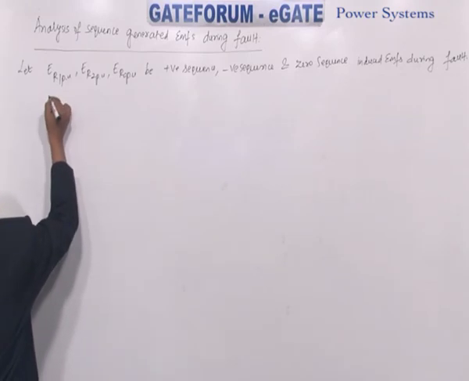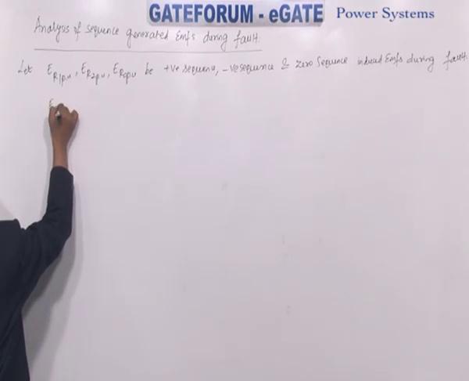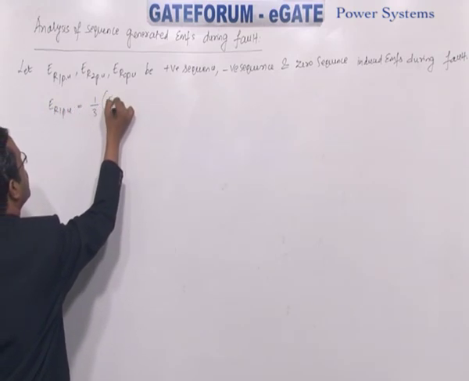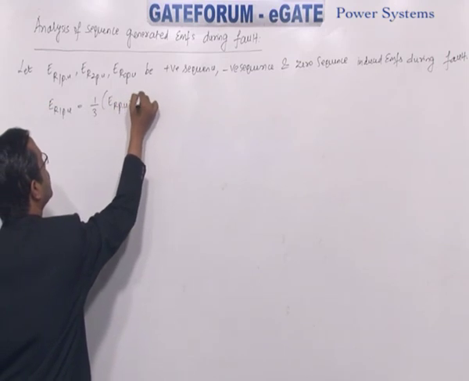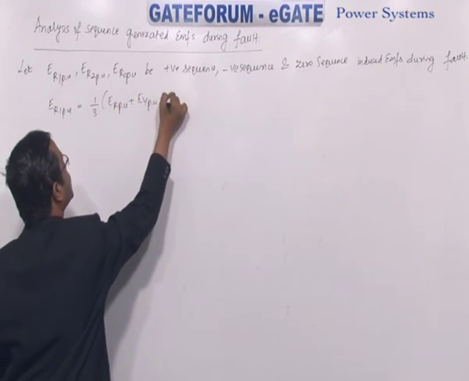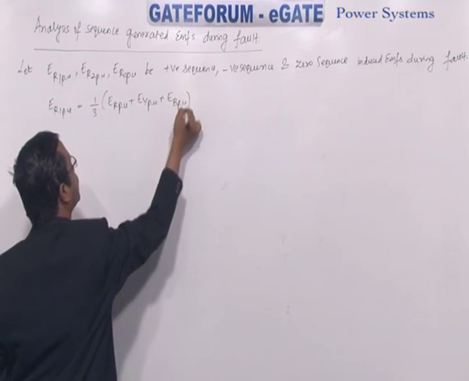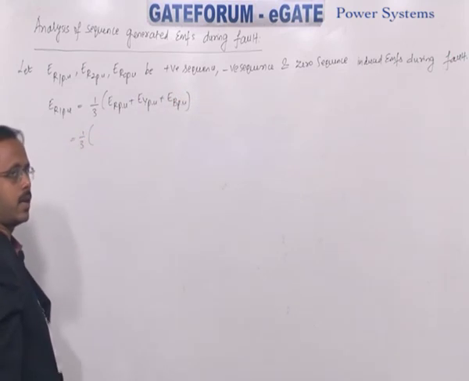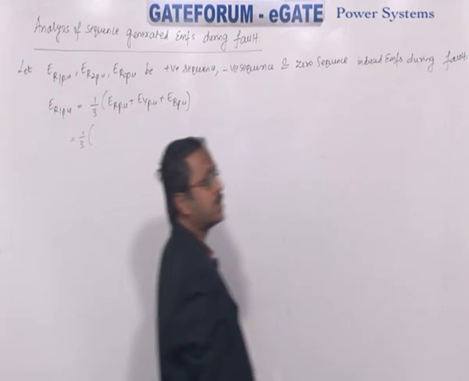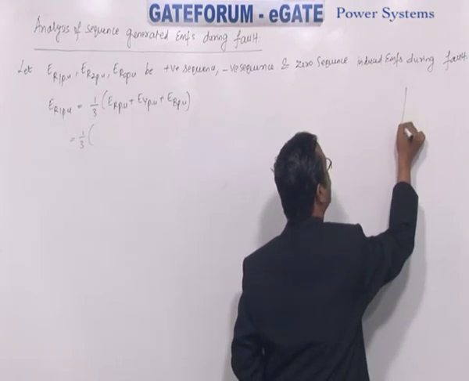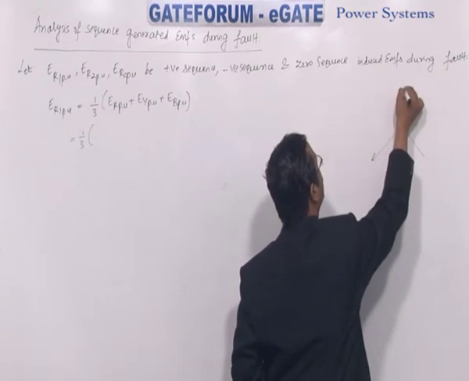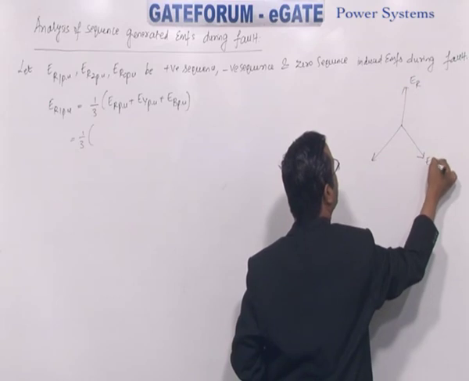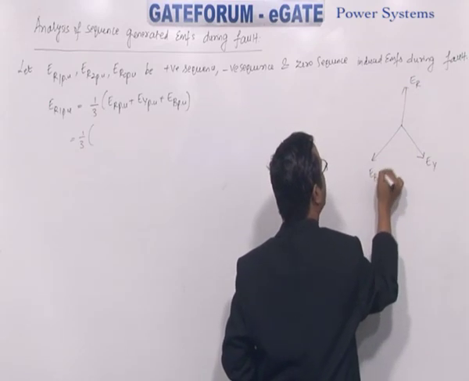So how much is ER1 per unit that we have to check? The formula you know: 1 by 3 times (ER plus EY plus EB). Earlier you drew the phase sequence of a three-phase power system network with V; now you draw it with E: ER, EY, EB.